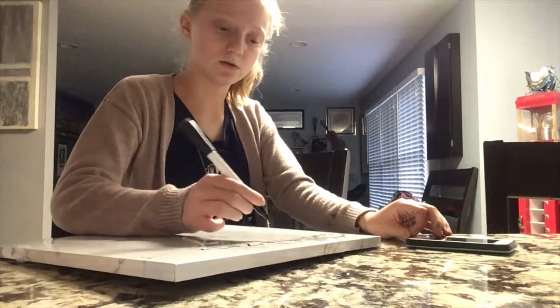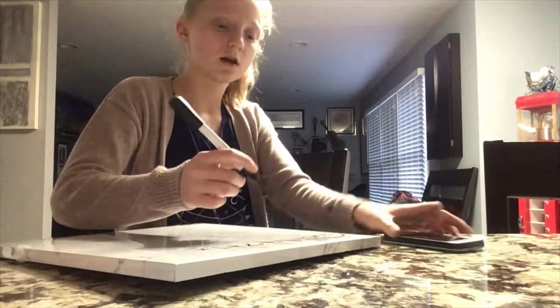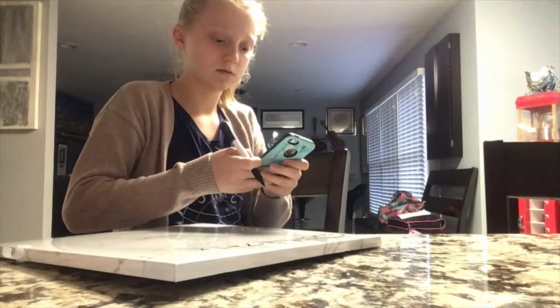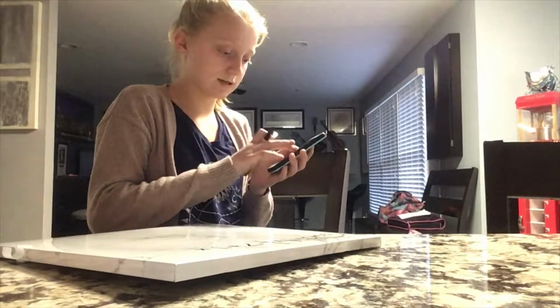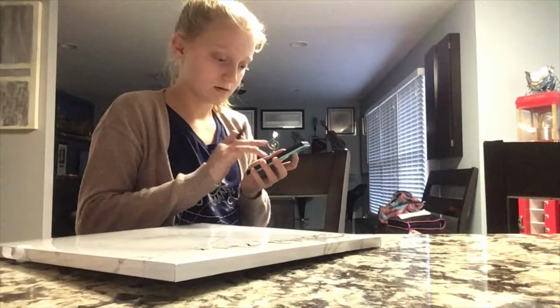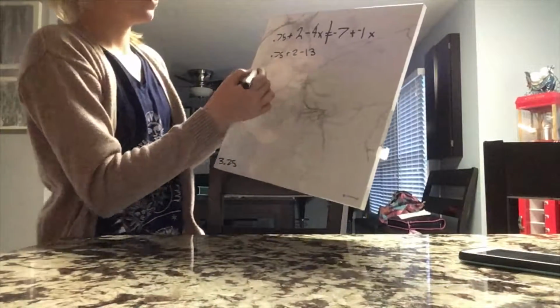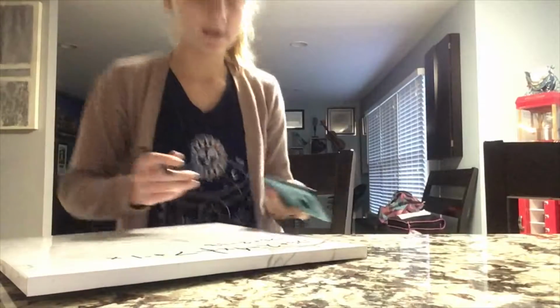So we're going to do x. First we're going to do negative 4 times negative 13. Okay, so now that we did that, we're going to keep going with our problem and hope that it is correct.